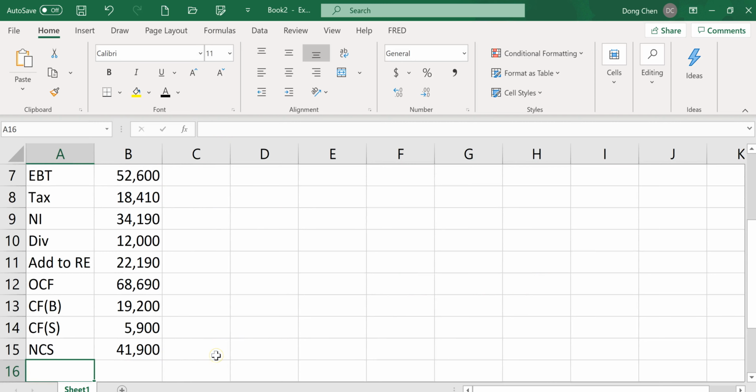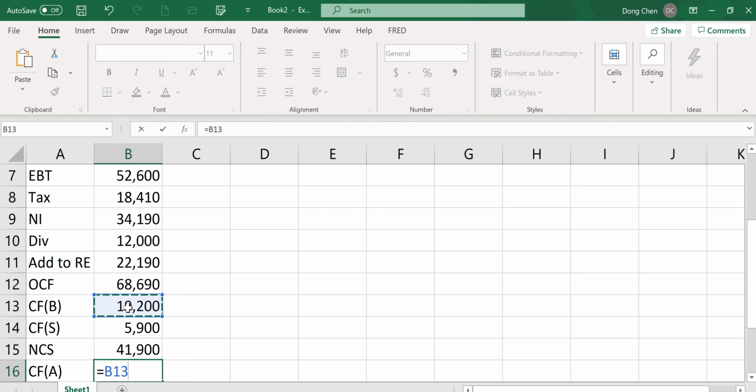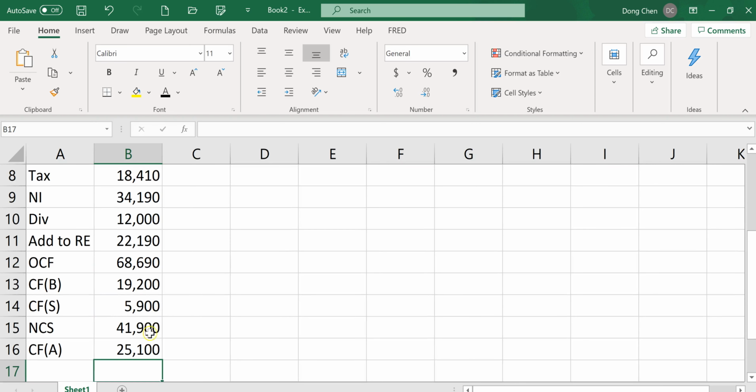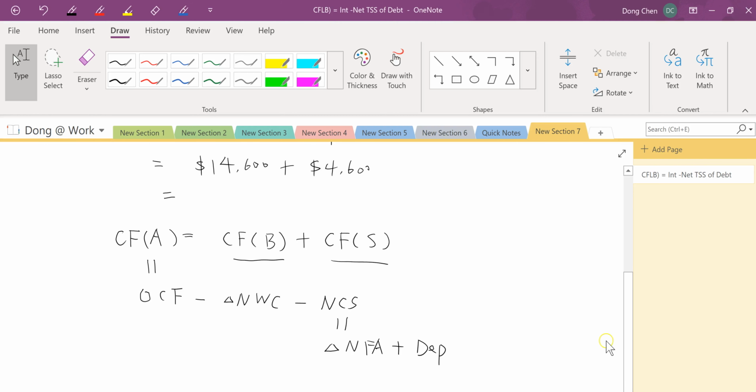And then with the information about cash flow B and cash flow S, we can calculate this cash flow from assets, which is basically the sum of these two. So now we have everything ready to calculate the change in net working capital.